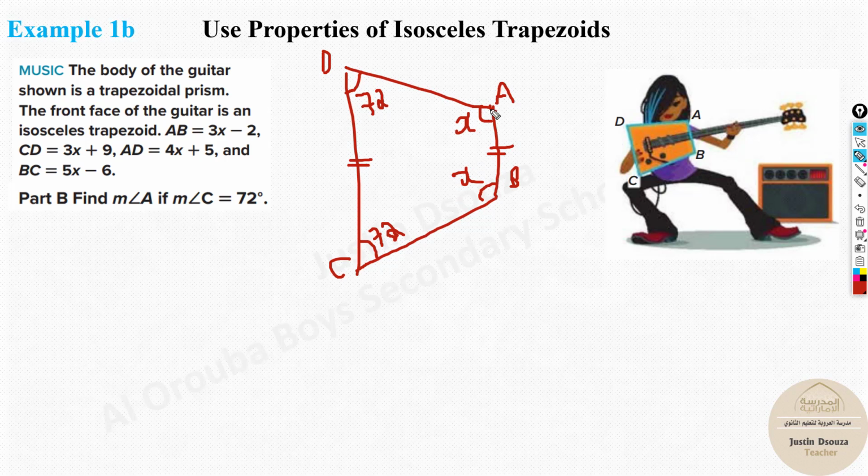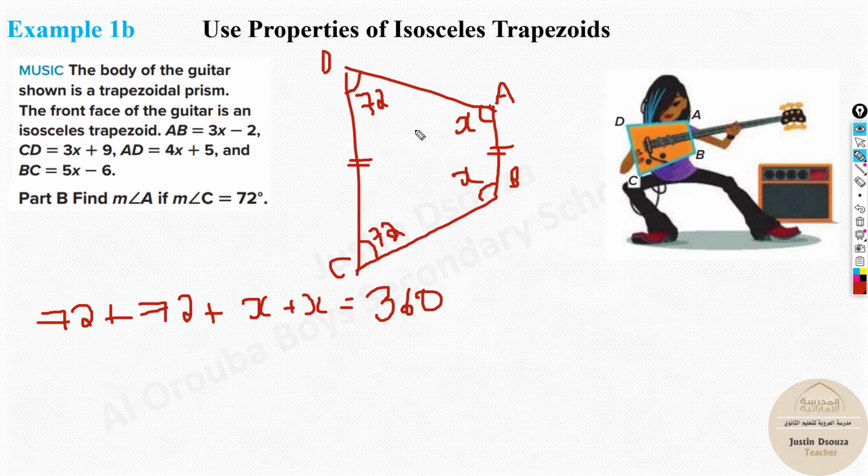When I add them all, I know this has 4 sides, so it is 360 degrees. Now I can do 72 plus 72 plus x plus x equals 360 degrees. Or you can see this when you draw a diagonal, it's two triangles.